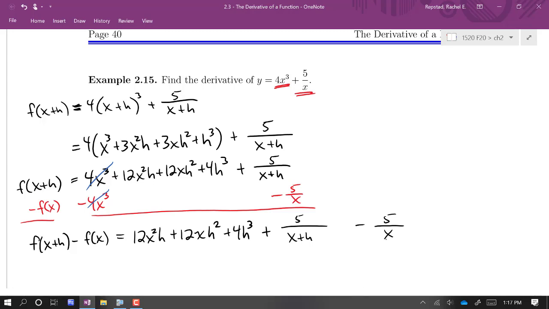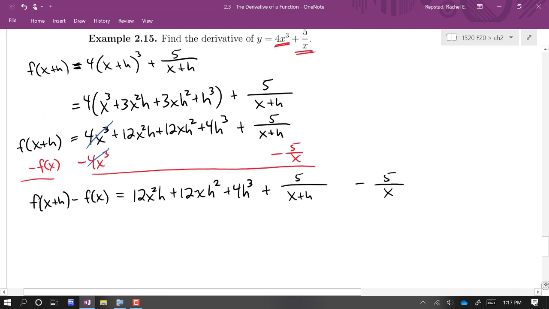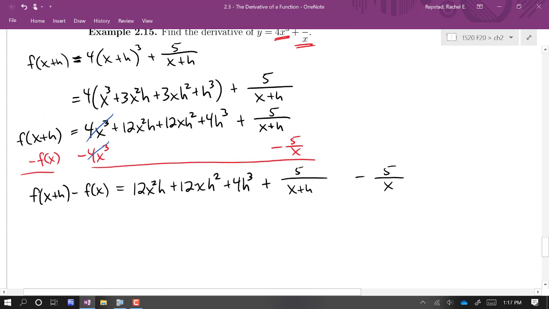Now there's more than one way. I guess we have a couple of options here for how you want to proceed. Some people like to get the whole function, the whole f of x plus h minus f of x expression, written as a single fraction with a common denominator. And you can do that. I think it's simpler to just get a common denominator for the two terms that are fractions.